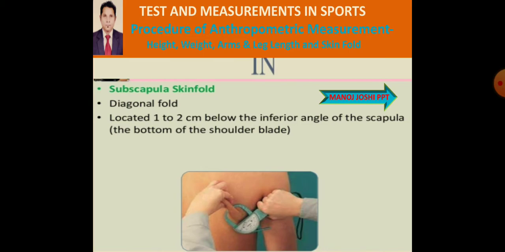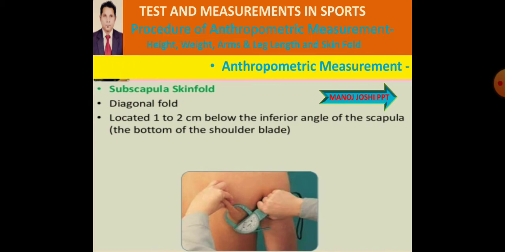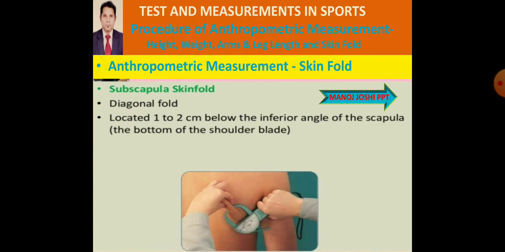Mostly fat deposition takes place when there is excess fat in the body. So excess fat deposition takes place in these parts of the body. In the picture we can see.